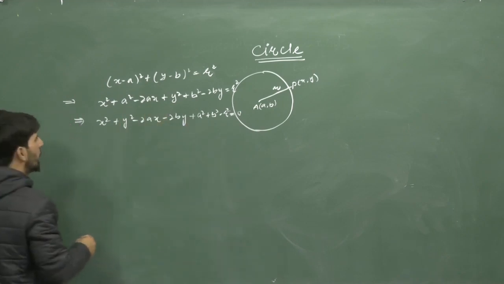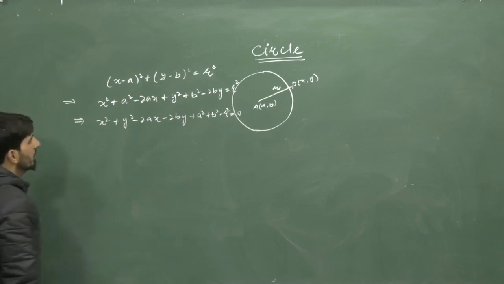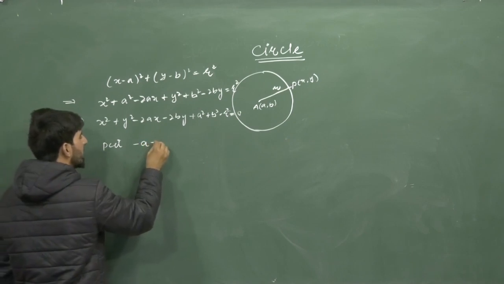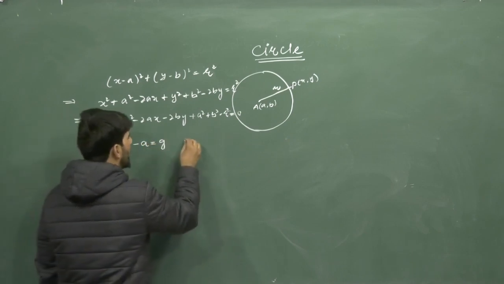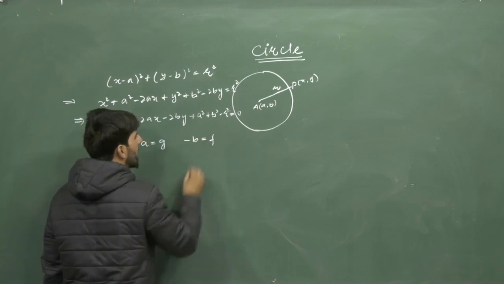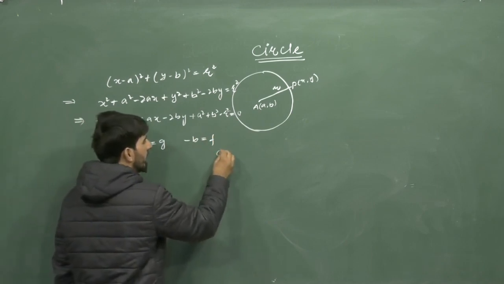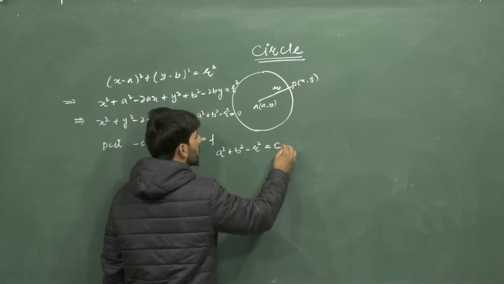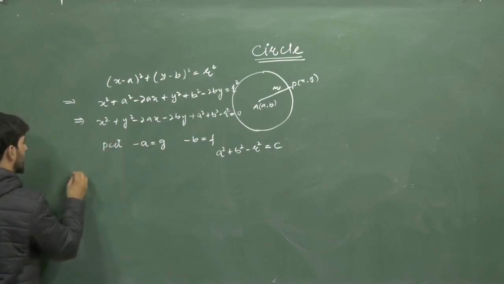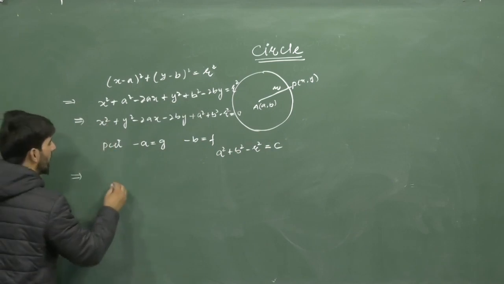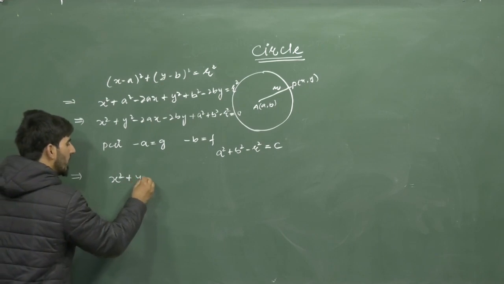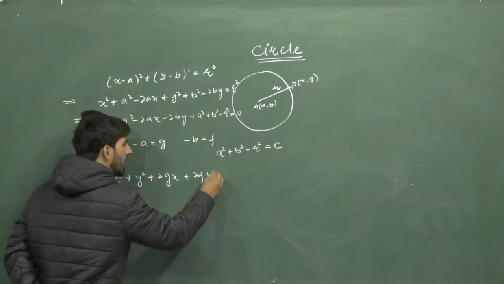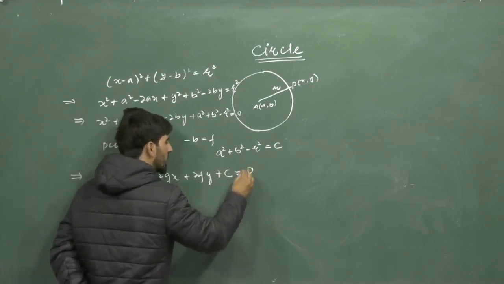So put minus a is equal to g and minus b is equal to f, and a square plus b square minus r square is equal to c, we get the equation of the form x square plus y square plus 2gx plus 2fy plus c is equal to 0.